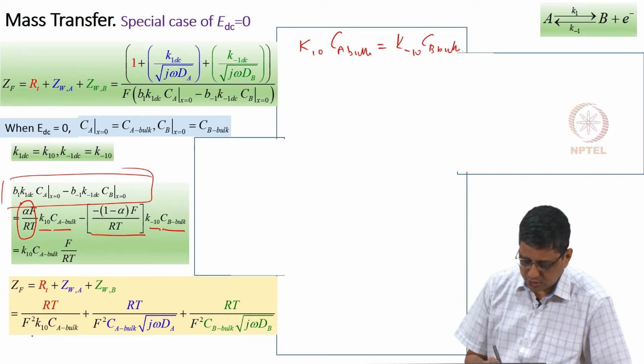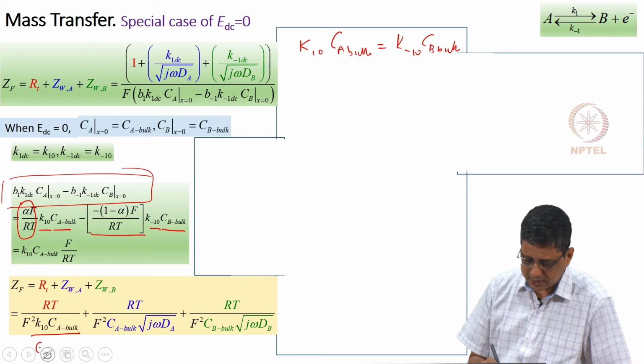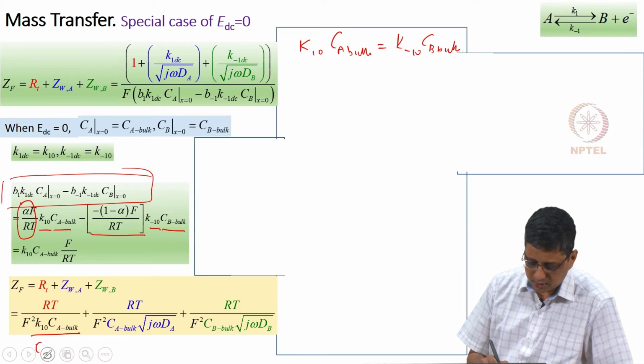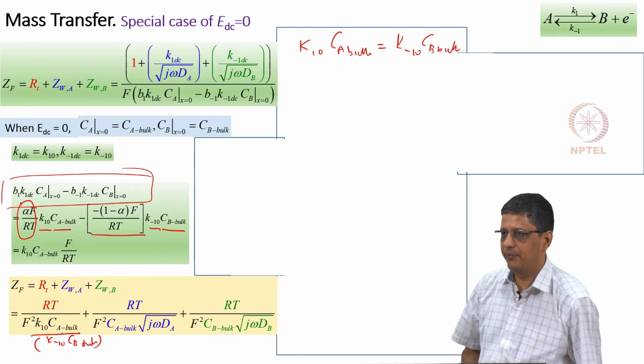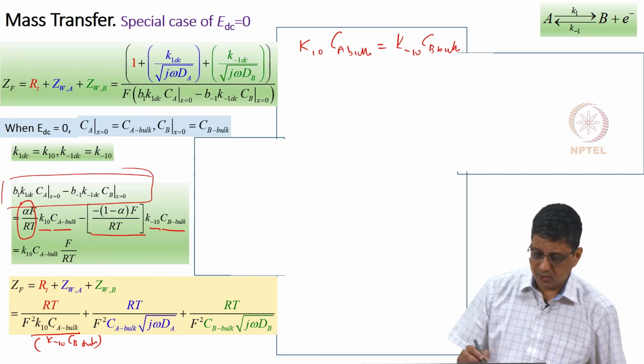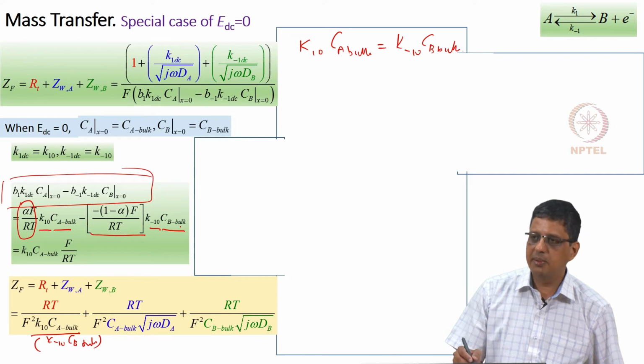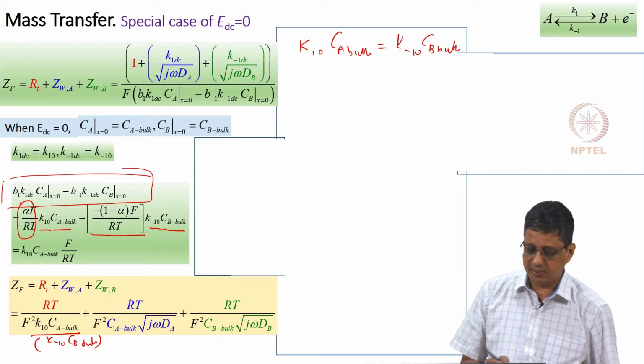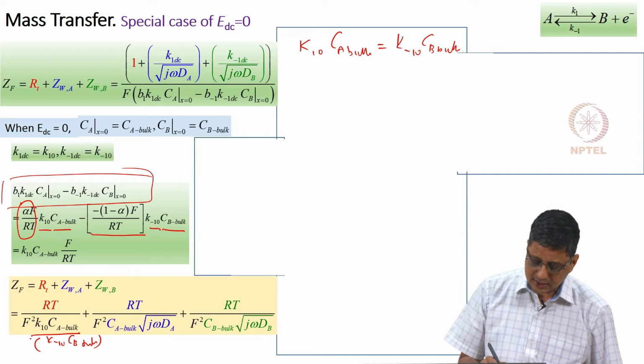So, I can write k1_0 C_A bulk, and I can write k_minus1_0 C_B bulk, both are equal actually. So, I do not need to make the assumption C_A bulk equal to C_B bulk, I will still get this expression.